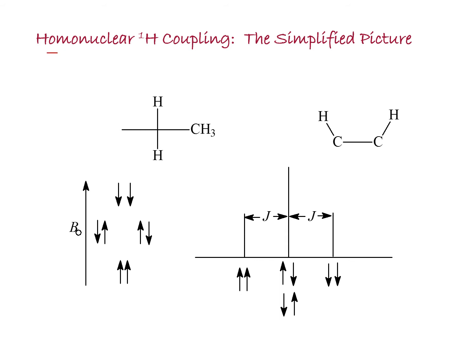If we have homonuclear protons, we have CH3 and CH2. These two protons of the CH2 can adopt 2 to the power 2, that is 4, orientations.